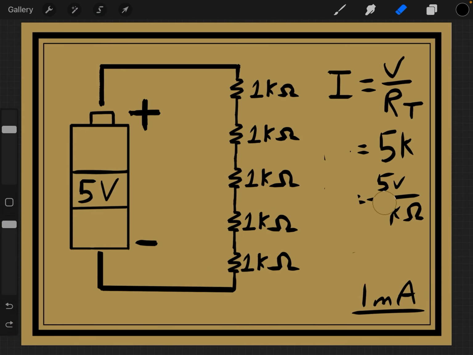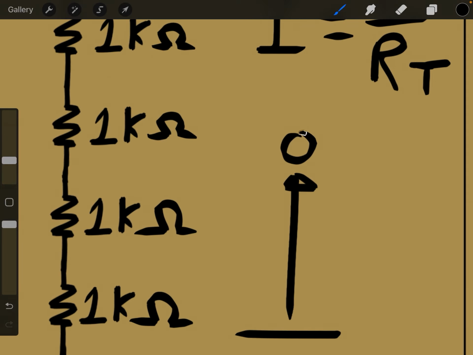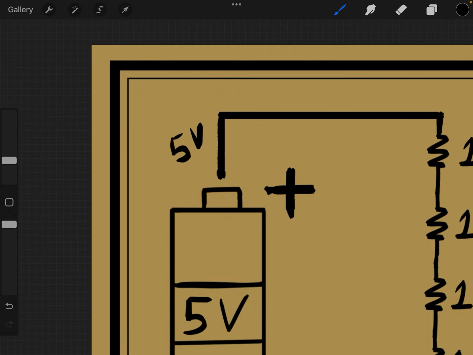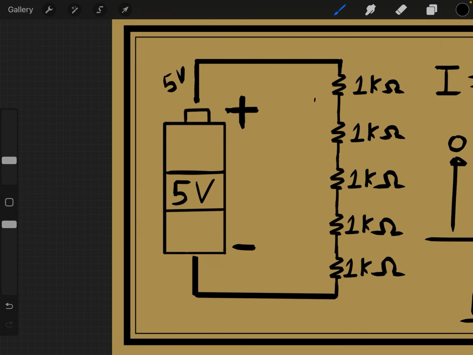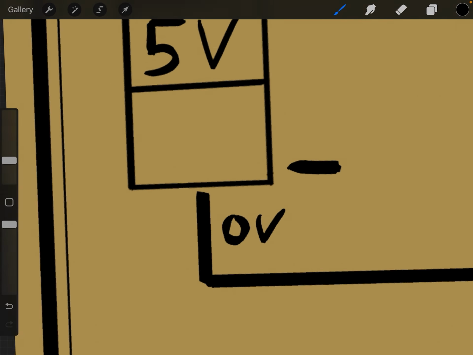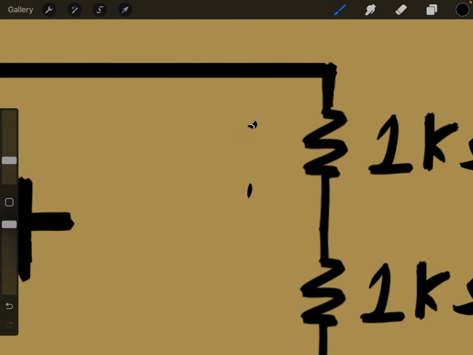Now, here's the clever part. We know that voltage is just a measure of potential energy, and we know that it has to start at 5 volts or 5 joules per coulomb, and it has to lose all of its potential energy before it reaches this end and becomes 0 volts at the negative end. And we know that this potential energy will most likely be lost as heat through these resistors.